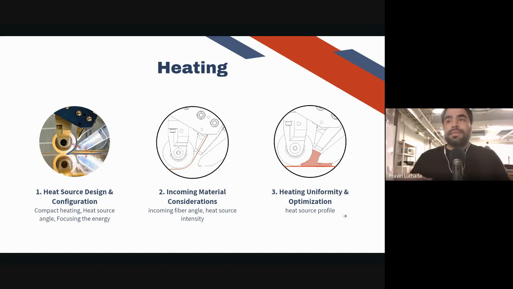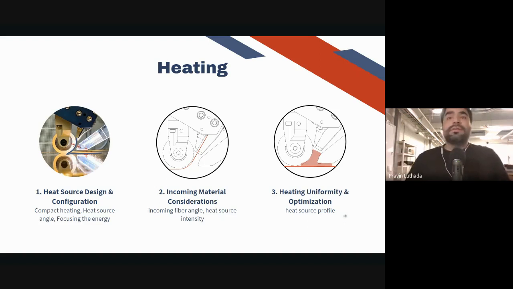Then the other way is from some of the recent developments. There is a Vexel system that uses multiple small lasers to impinge at different locations of the incoming tape and substrate, and you're able to achieve a better heat distribution using something like that.